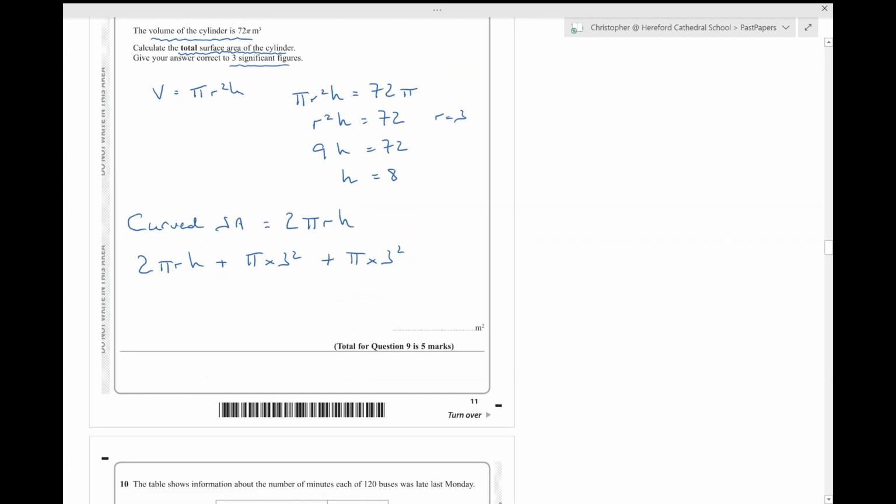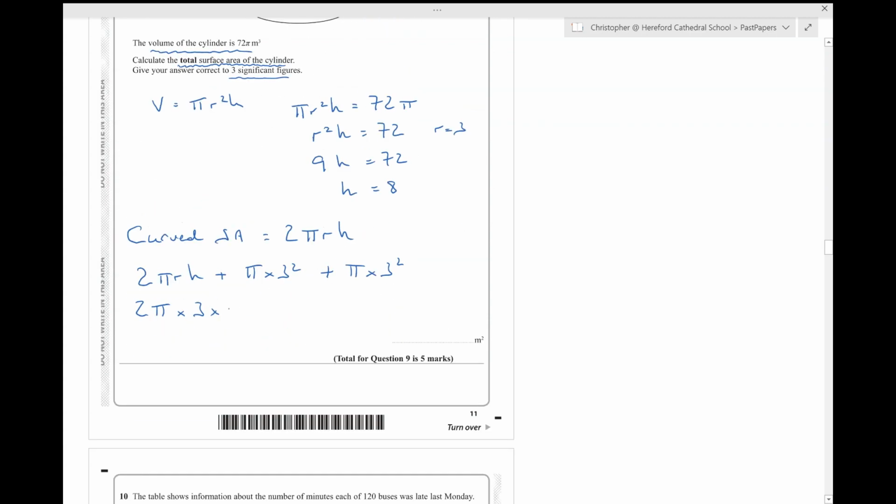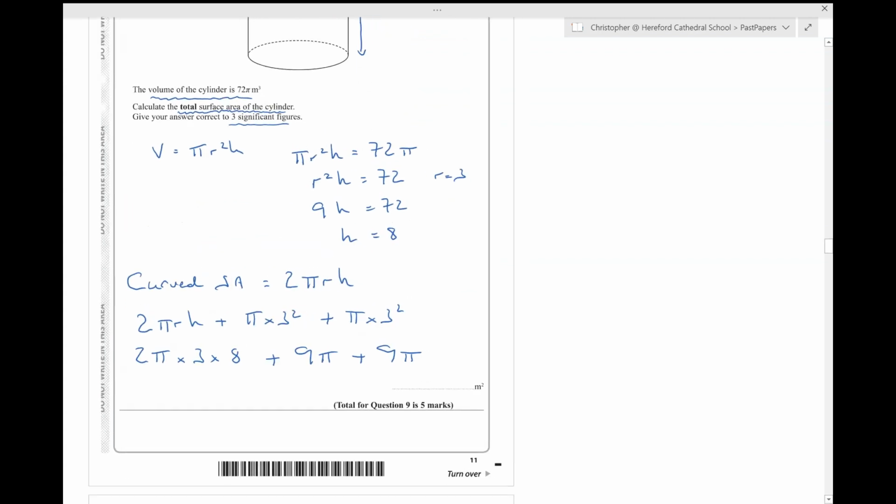So let's continue with this. It's going to have to be 2 pi times the radius, which is 3, times the height, which is 8, plus 9 pi plus 9 pi. And I need to work out that answer to 3 significant figures. So some careful button pressing here. I've got 2 times 3 times 8, 48 pi, plus another 18.